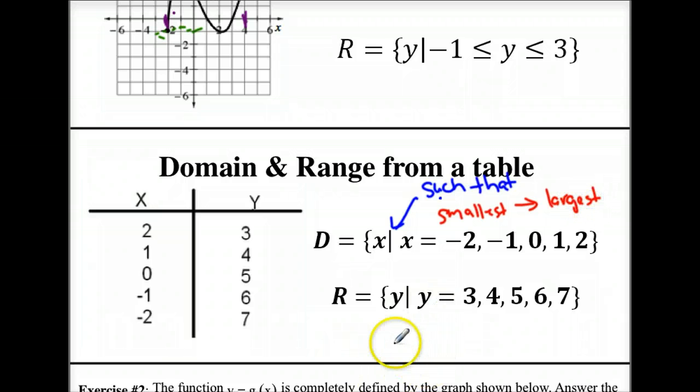And my range is the same exact thing, but my range is y. So range is y such that y is equal to 3, 4, 5, and 6. Again, I start from smallest to largest. And that's something we should practice.